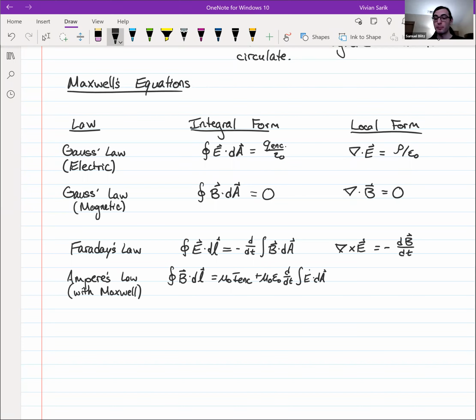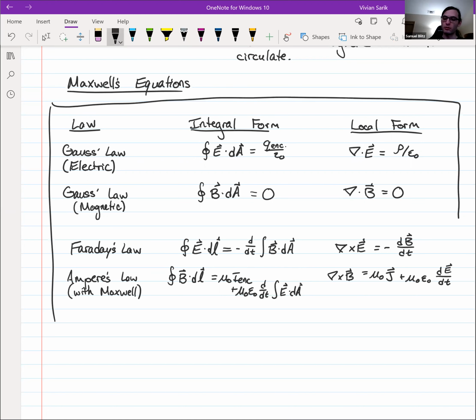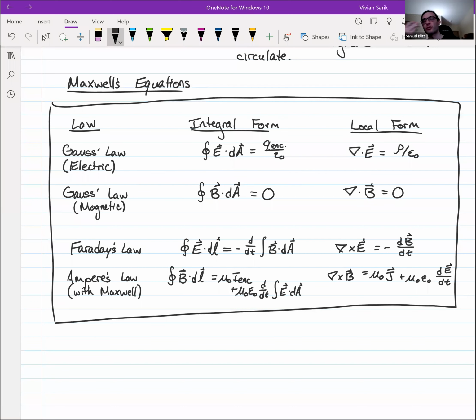Kind of long, sorry. Maybe I'll put that on another line. And so the local form, again, is also the longest one. The curl of B is mu naught J plus mu naught epsilon naught dE/dt. And so those are Maxwell's four equations, not Maxwell's laws.